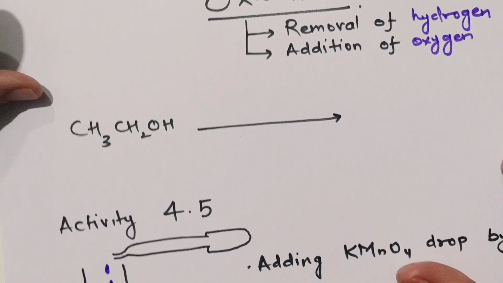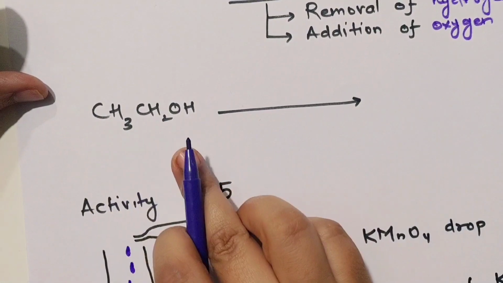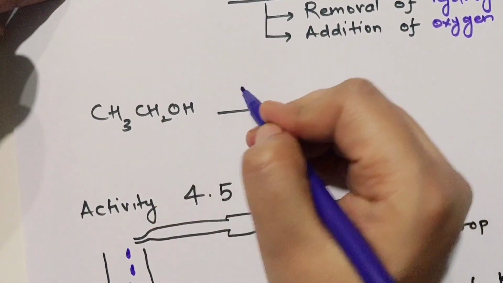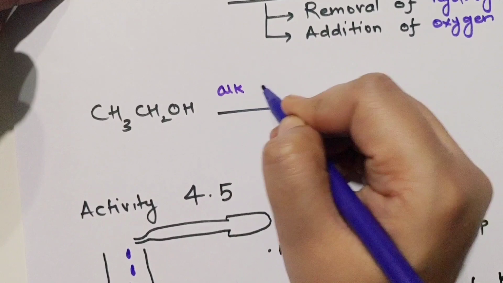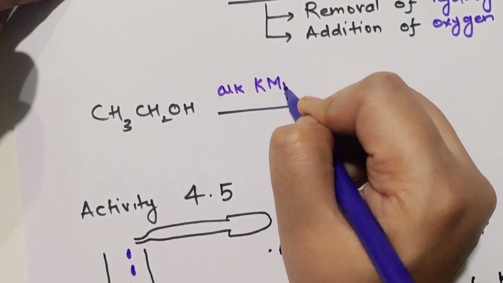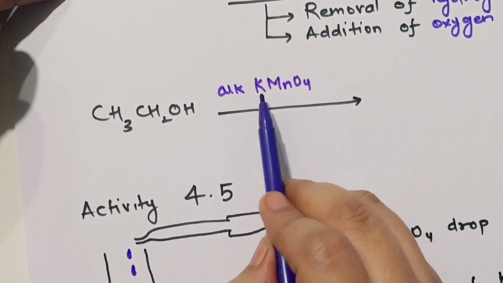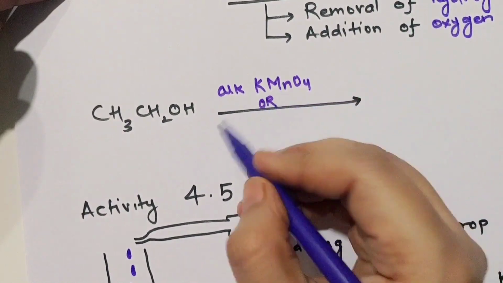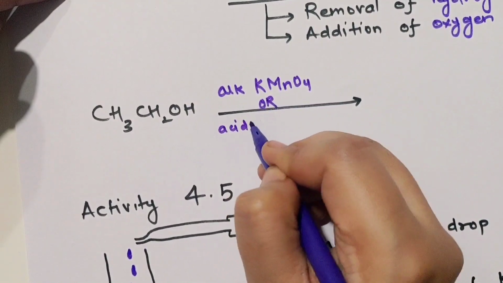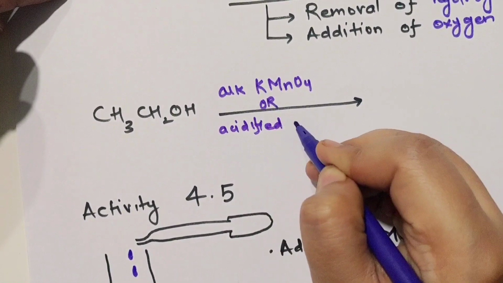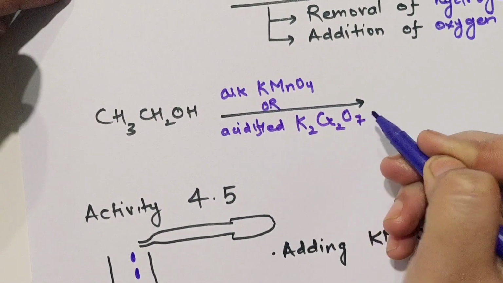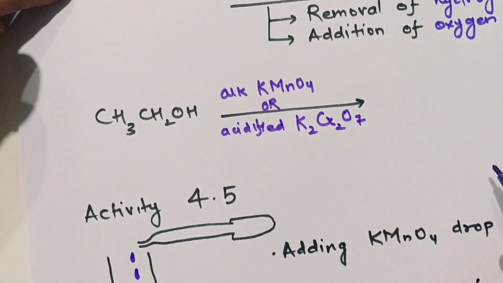So if you have alcohol like ethanol, and if you treat it with alkaline KMnO4, that is potassium permanganate, or acidified K2Cr2O7, potassium dichromate.